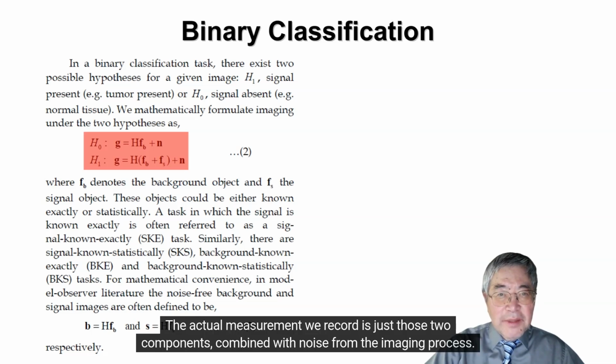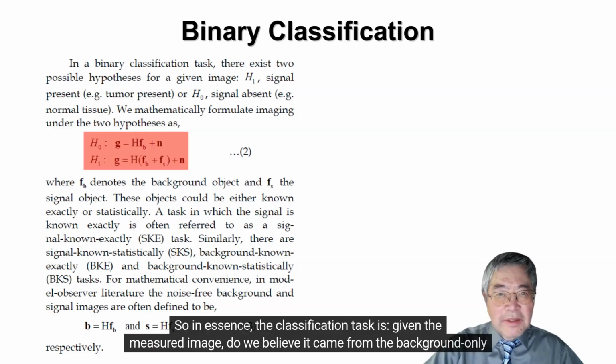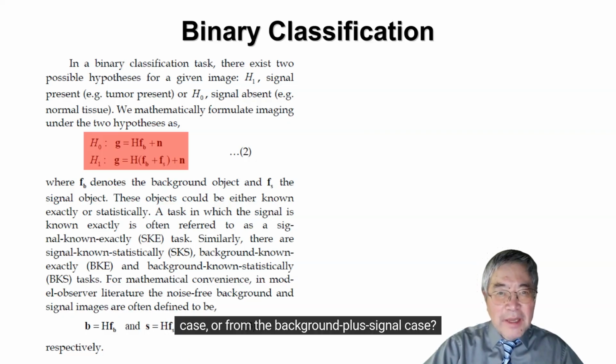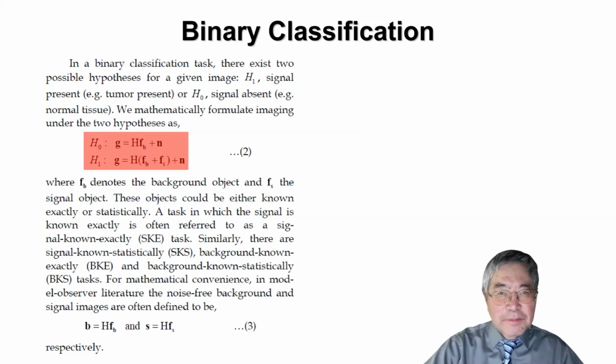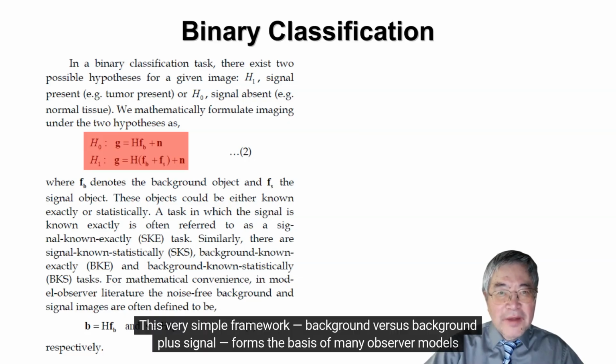The actual measurement we record is just those two components combined with noise from the imaging process. So in essence, the classification task is, given the measured image, do we believe it came from the background only case or from the background plus signal case? This very simple framework, background versus background plus signal, forms the basis of many observer models in medical imaging.